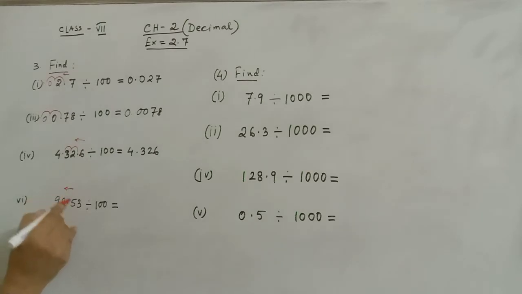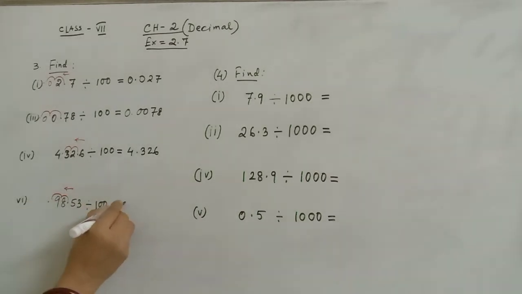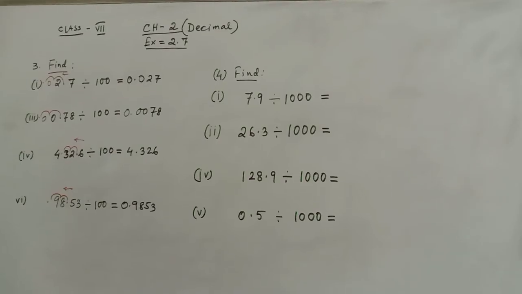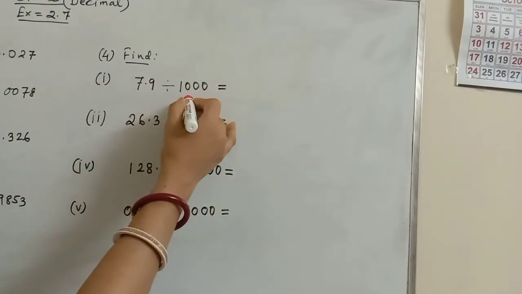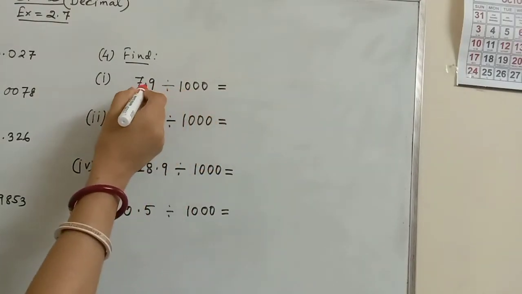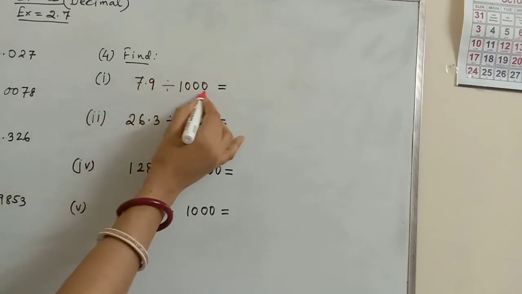The point will move left side as you are dividing it, 1 and 2 places, and then the point will come here. So the result will become 0.9853.